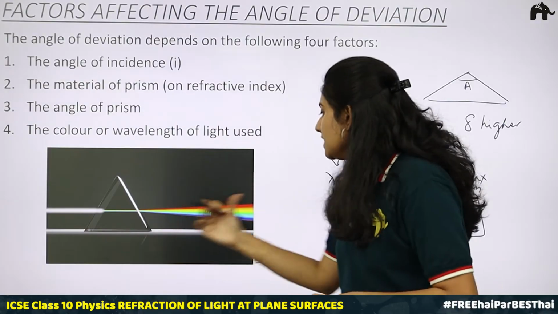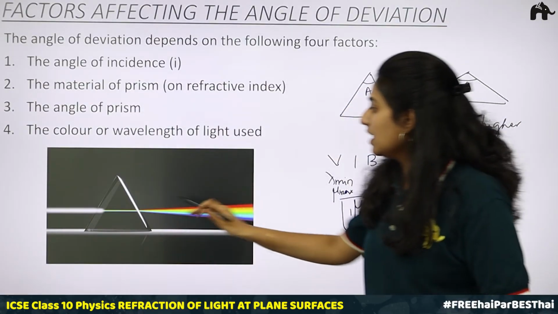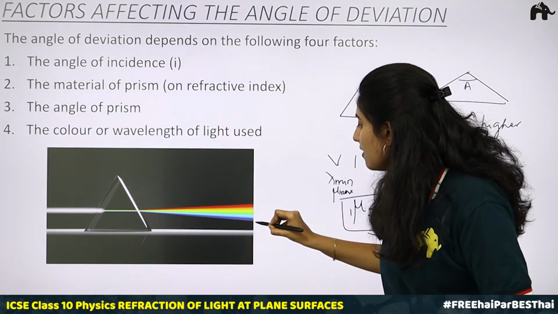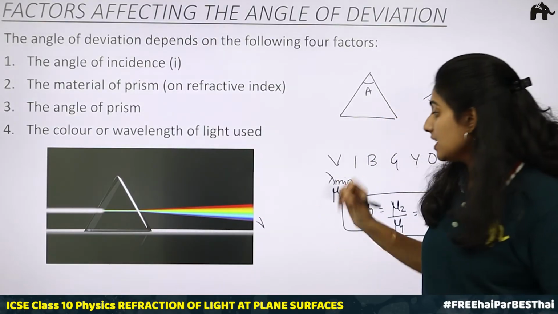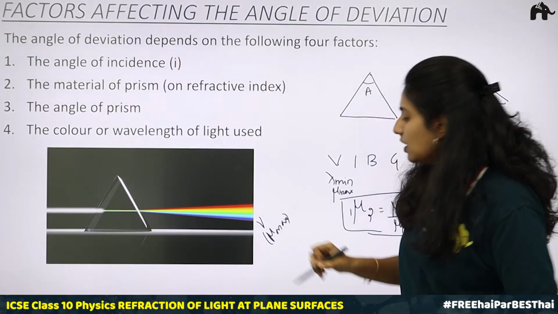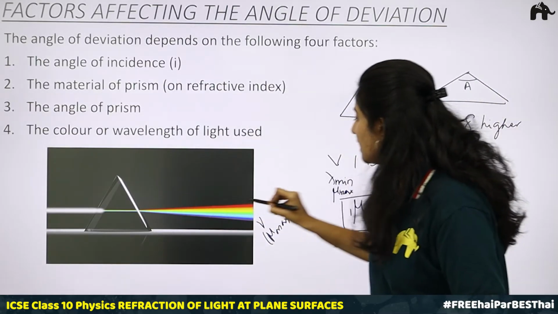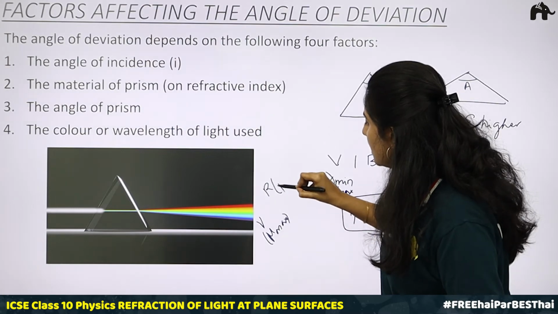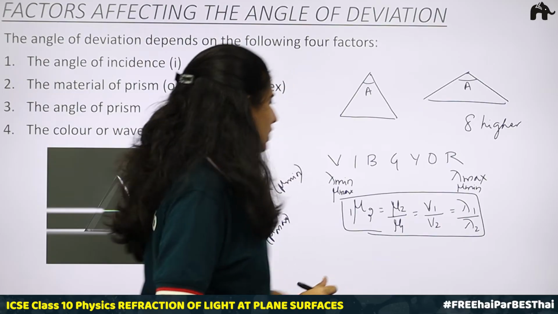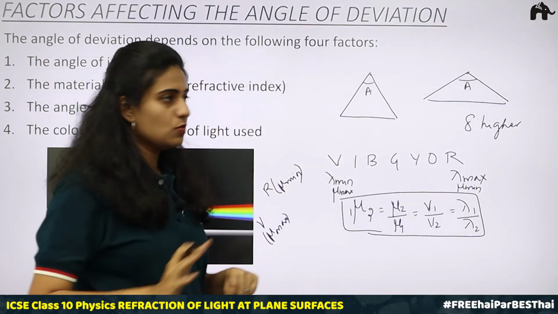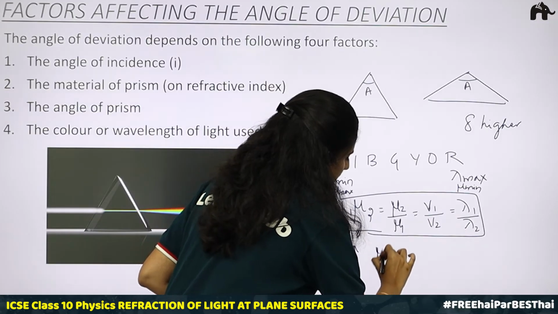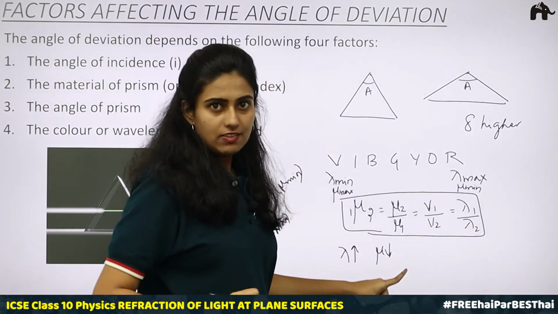Now when you consider this figure, you will understand in which color the bending is more. Light bending is more in the violet color. Bending is more means refractive index is maximum. Red light bends the least, which means refractive index is minimum. You also know the wavelength relation: when wavelength increases, refractive index decreases.